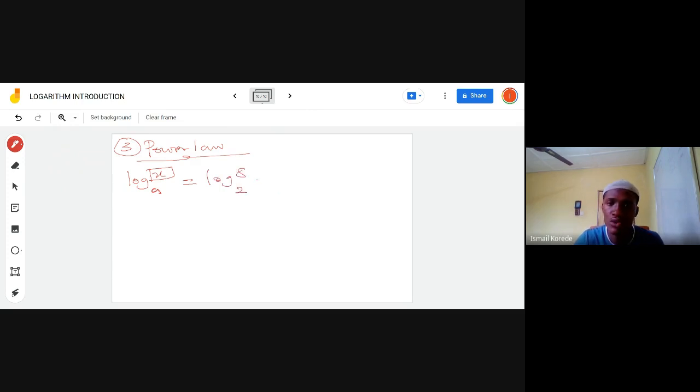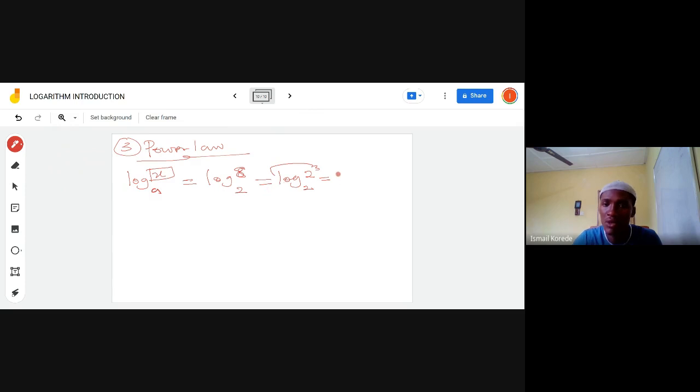You all agree with me from indices that 8 can be expressed as 2 raised to power 3. So I'm going to have log 2 raised to power 3 base 2. Instead of writing log 8, I'm just going to write log 2 raised to power 3. If that number has a power, we can move the power to this side.